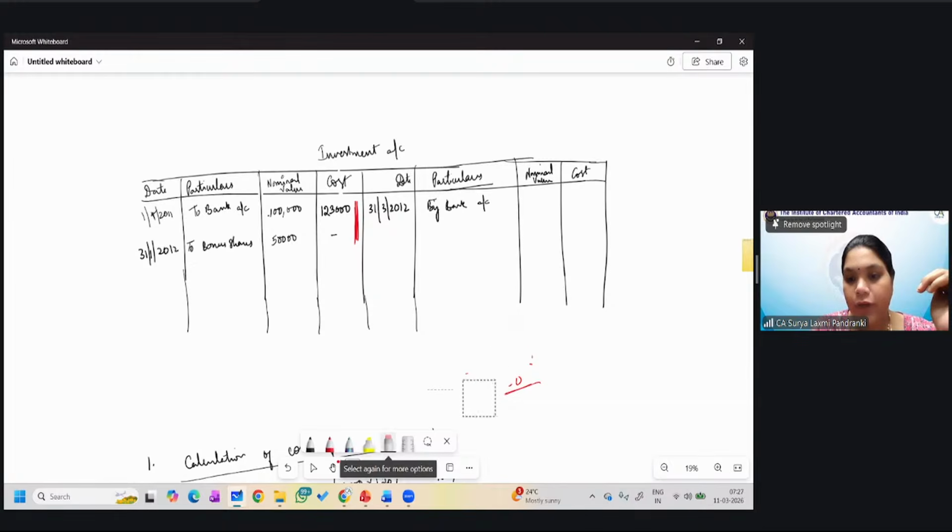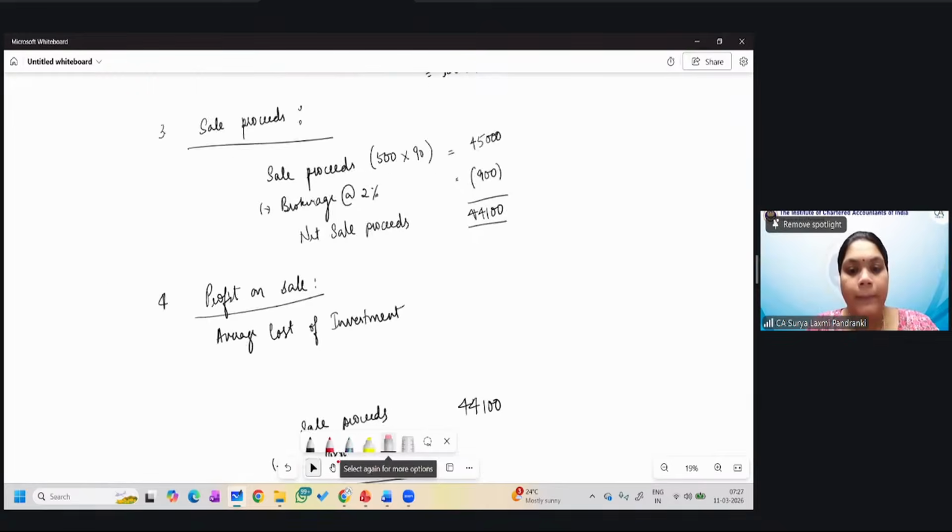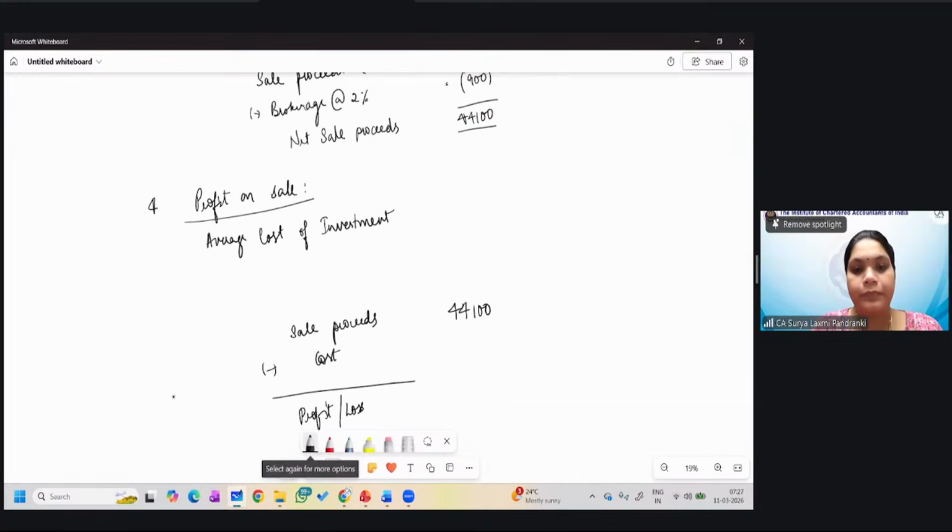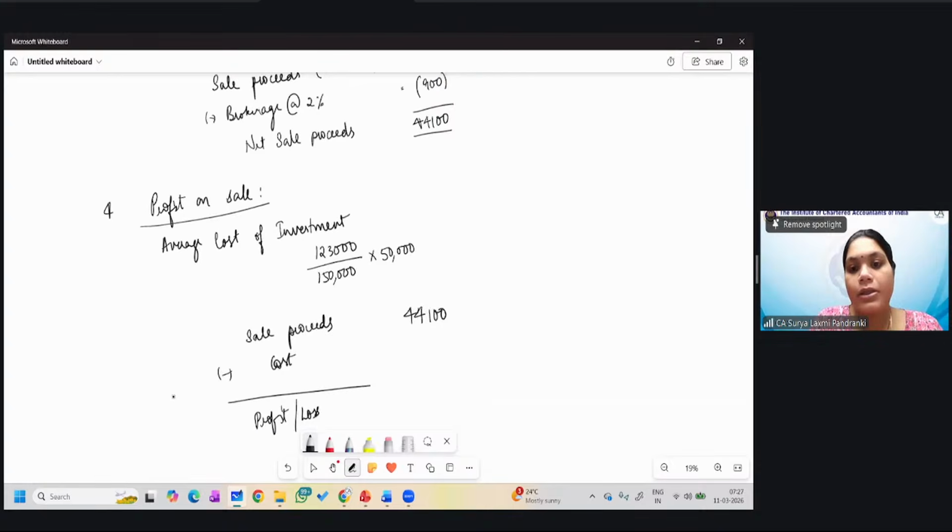So this calculation we are going to do here to calculate the average cost. It is 1,23,000 divided by 1,50,000 into 50,000. Because I'm doing it for bonus, I'm taking into 50. Calculate the cost. 41,000.